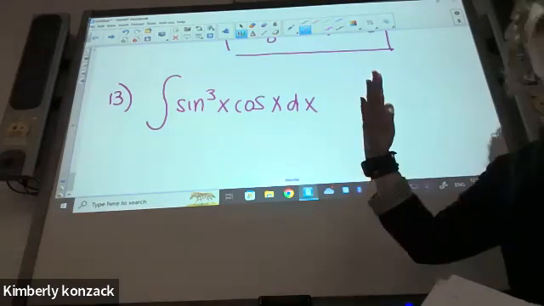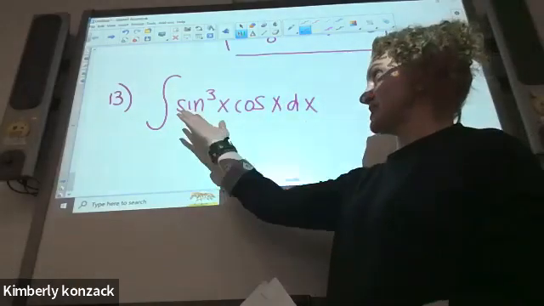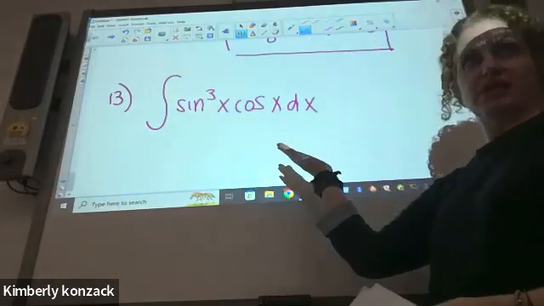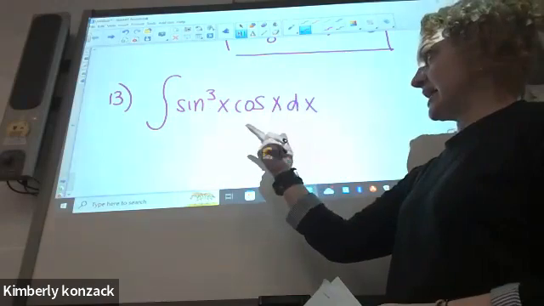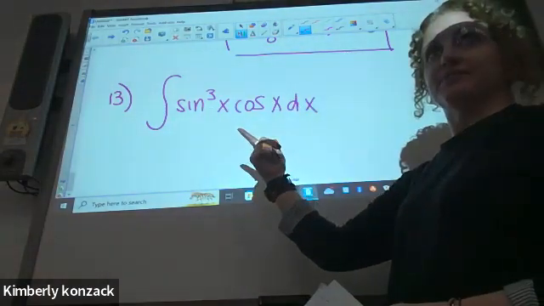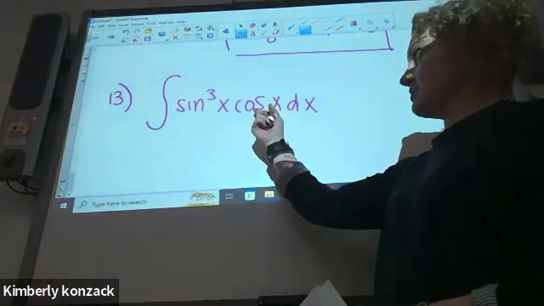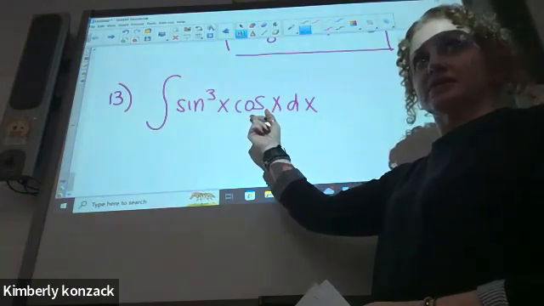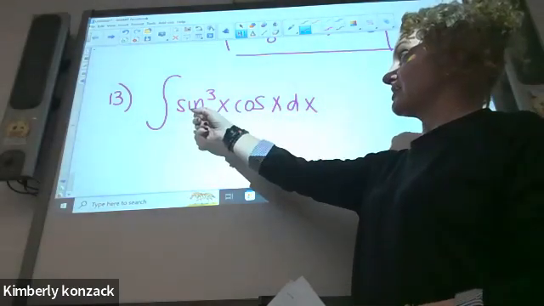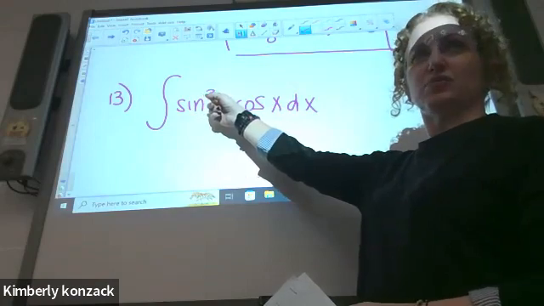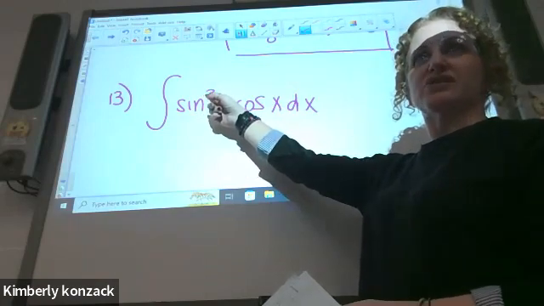In other words, sometimes people have an issue: do I let my u be sine x or cosine x? If you let u be sine x, your derivative would be cosine x. If you let u be cosine x, which wouldn't help because that's cubed, you still have other stuff there.